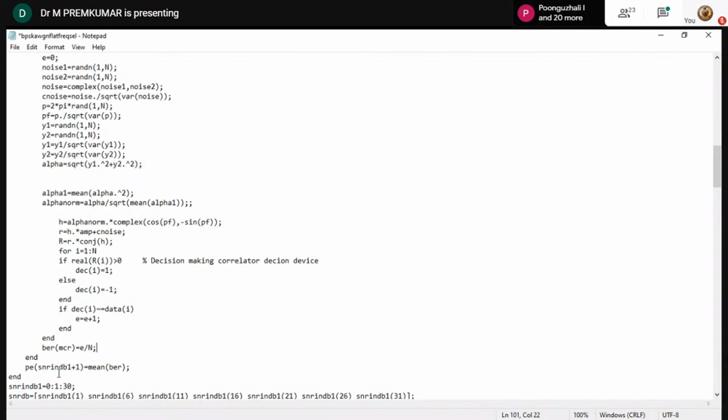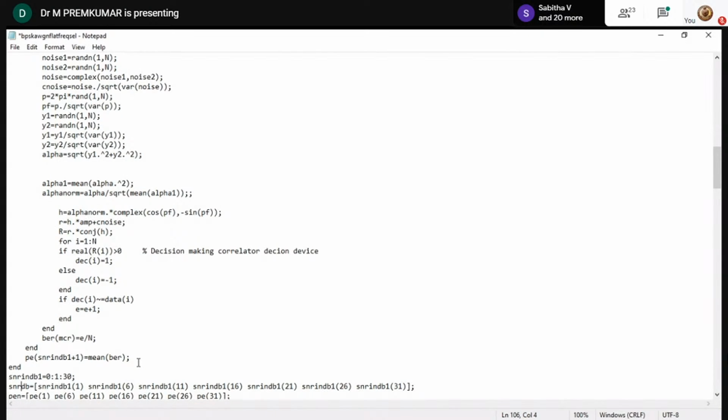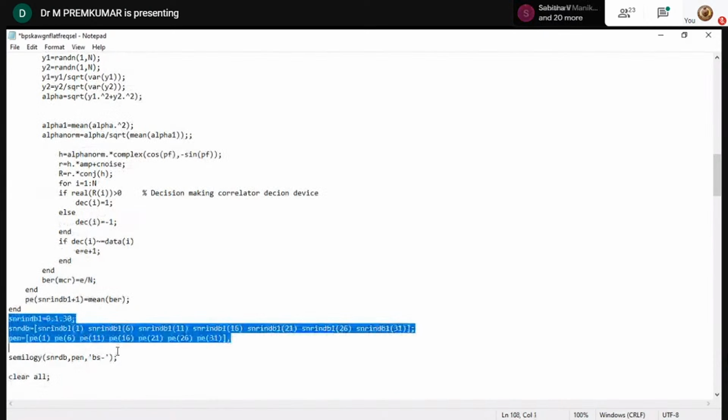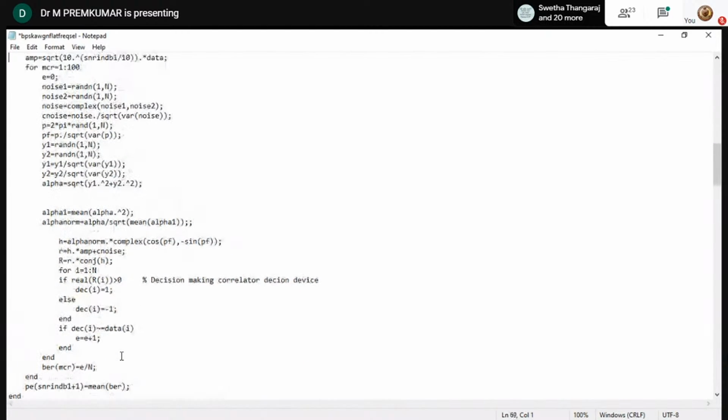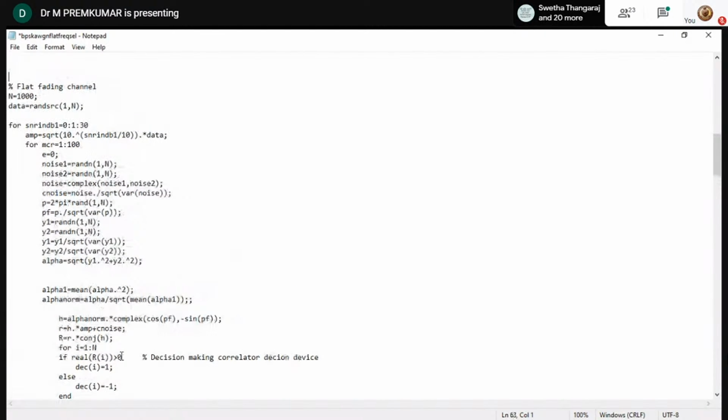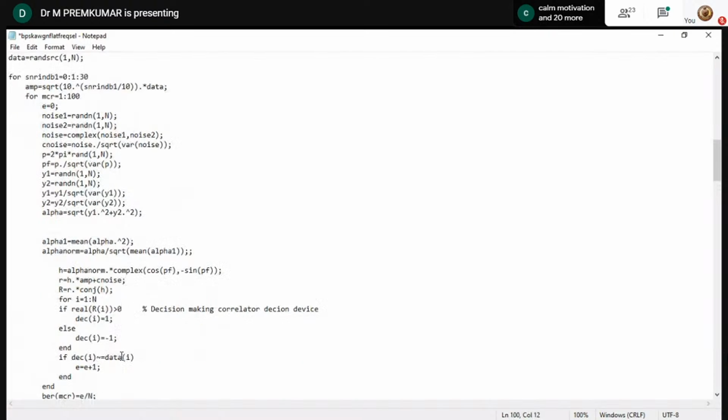Then you calculate finally the probability of error. This is the simulation way of calculating the probability of error. You can have the x-axis value and the y-axis value, and find the bit error rate for the flat fading channel.